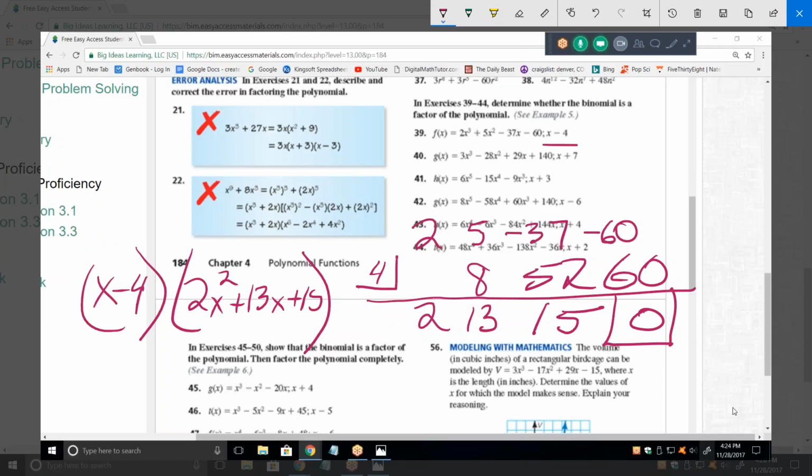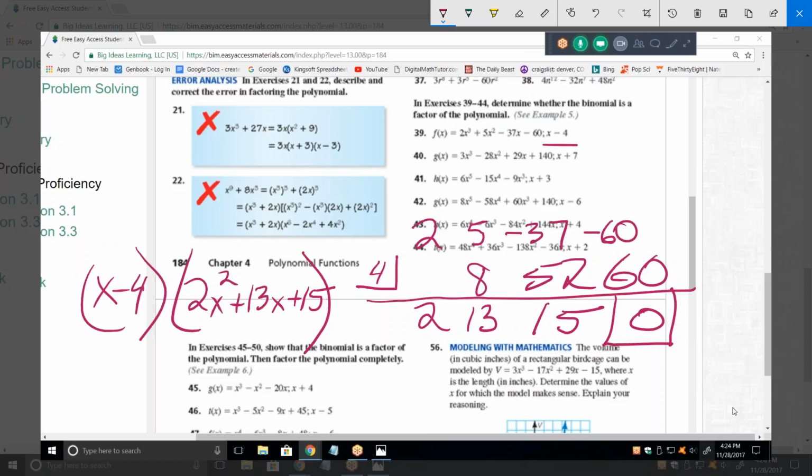Okay. And you always knock it down by one level. When you divide a cubic by a linear, you end up with a quadratic. If you divide a quartic by a linear, you end up with a cubic. So you're always knocking it down 1 degree.